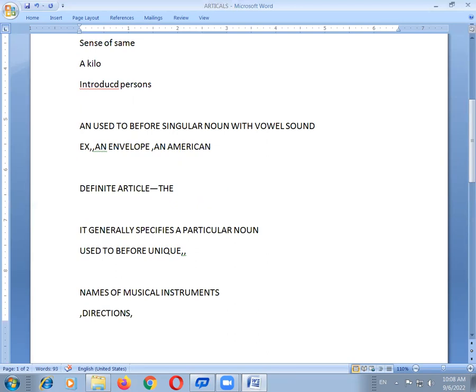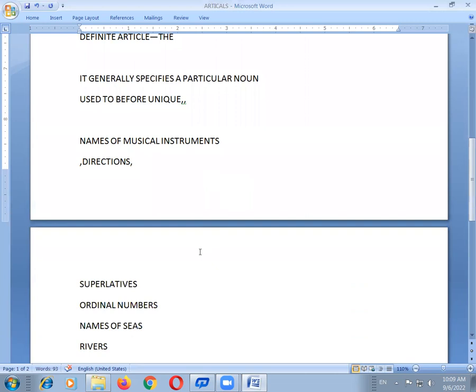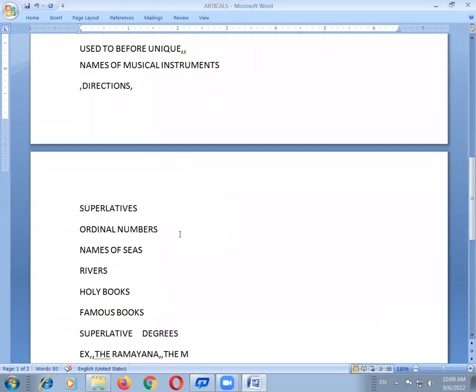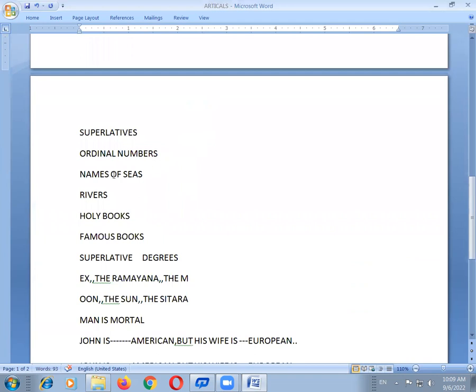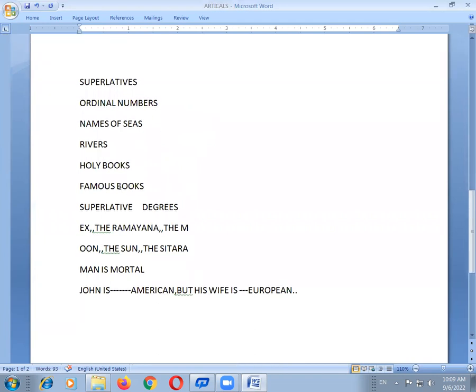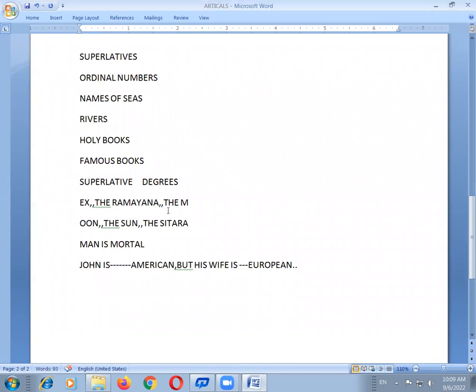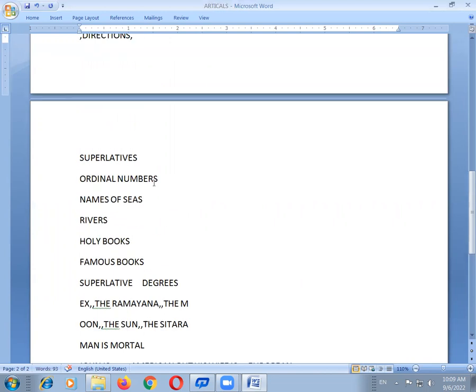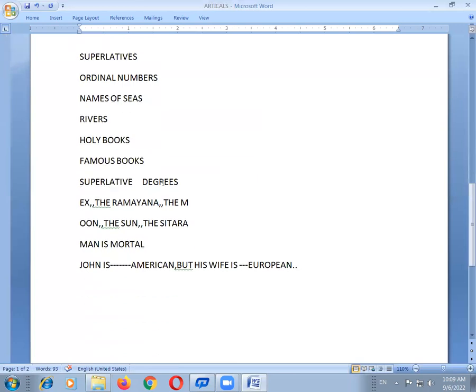Especially, we use it before unique things: the sun, the moon, the air, the planets, points of the compass, superlative degrees, ordinal numbers, names of seas, rivers, holy books, famous books, the Ramayana. For example, the camel is the ship of the desert.